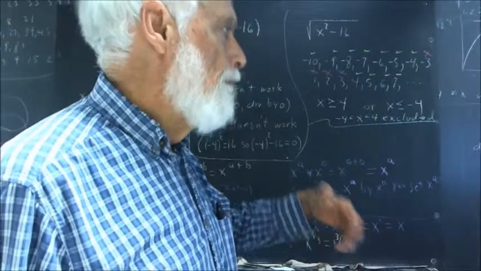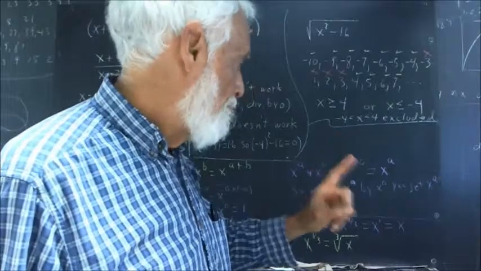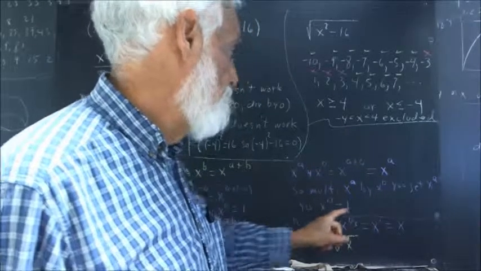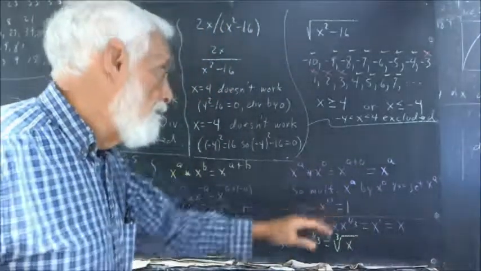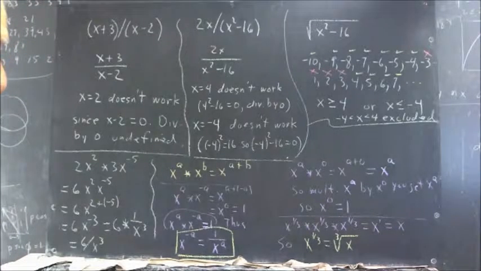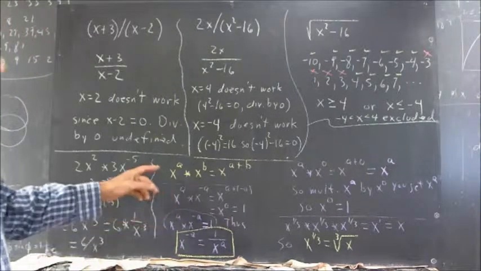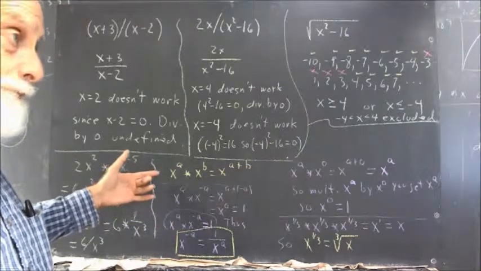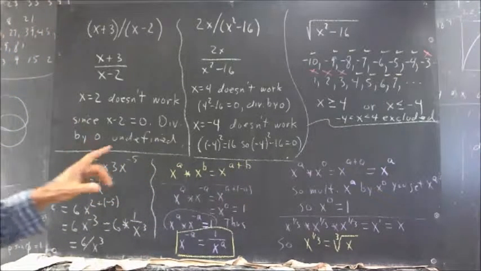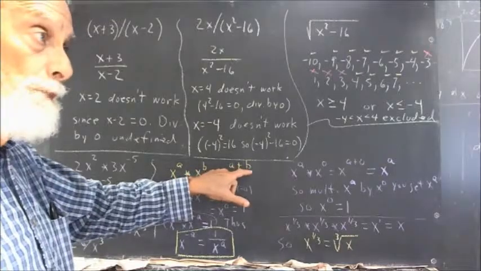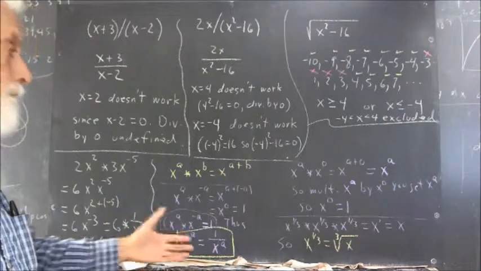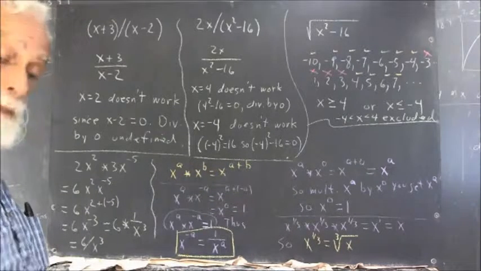Well, the only number that you can multiply another number by and get that other number is 1. That means x to the 0 has to be 1. So there's a good reason why x to the 0 is 1 and why x to the negative a is 1 over x to the a. It makes this consistent. It's the only way to have this rule and be consistent with your notation.